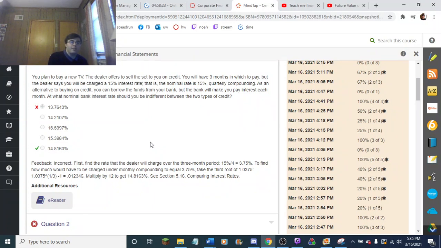Oh, come on, this is still not what I want. It says take the third root of 1.0375. Why? I still don't know what they're saying. How do you find out how much would have to be charged under monthly compounding to equal 3.75%?